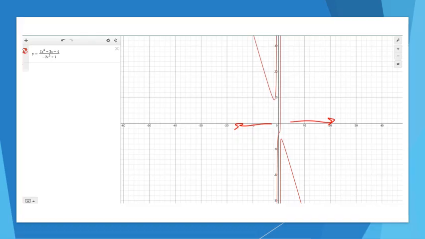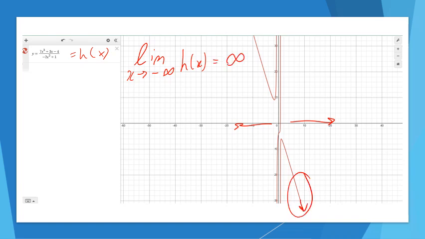So writing our two limit statements, we have the limit, and we'll call this h of x. The limit as x approaches negative infinity of h of x, this is going to shoot up, so go to positive infinity. And then here, the limit as x approaches positive infinity of h of x is equal to negative infinity.